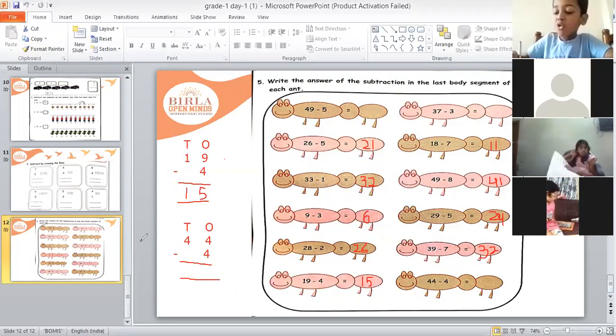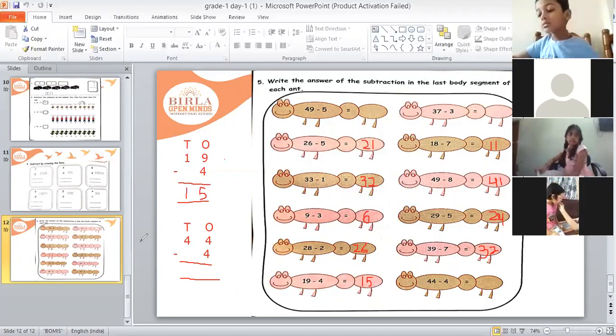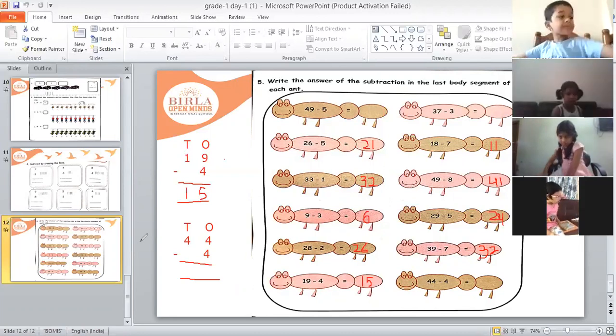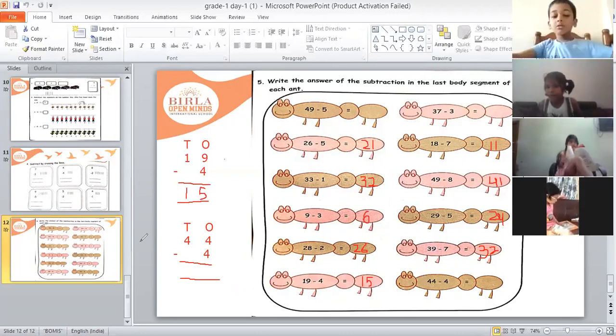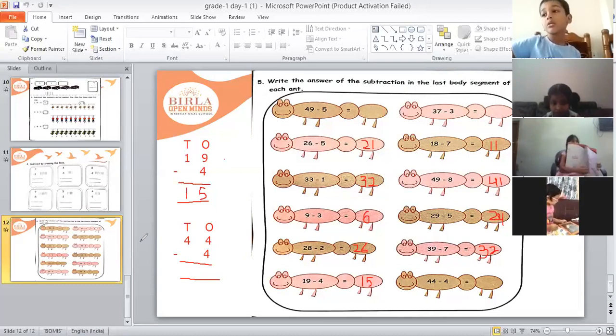Swarnika, please, camera on. Okay, ma'am. What are the numbers in ones place? 44, ma'am. No. In ones place, what are the two numbers? This 4 and 4. Very good.